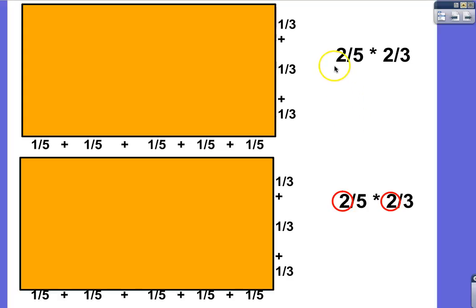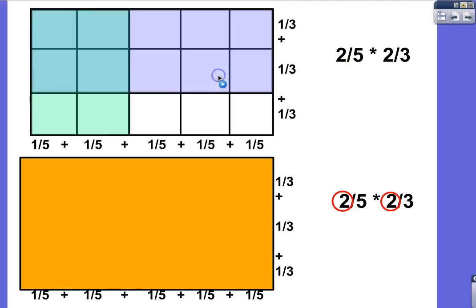Okay, so let's take a look at the general shading. Again, I have 2/3, so I've shaded 1/3, I've shaded 2/3, and I have 2/5. So I've shaded 1/5, 2/5. And where this is a different color, I have a light green here, I have a light purple here, and I have a blue-green that I have shaded right over here.